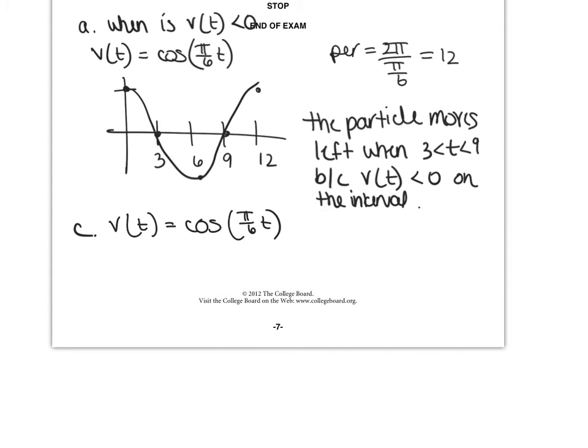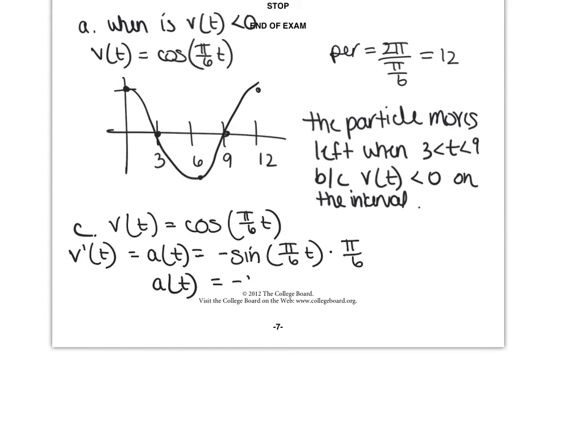To find our acceleration function, we're going to find the first derivative of our velocity, and that will equal the derivative of cosine is negative sine, and we have to use chain rule here because the derivative of pi over 6 t is pi over 6. So here's our acceleration function.